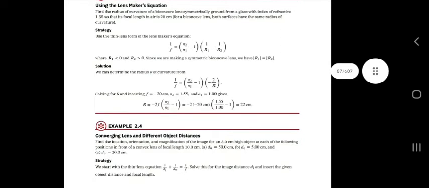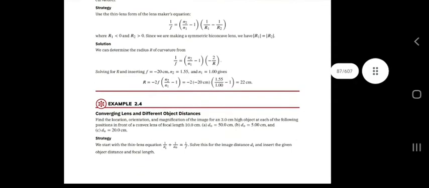Since we are making a symmetrical biconcave lens, we have the absolute value of radius 1 equal to the absolute value of radius 2. So as you can see here, this is the solution.